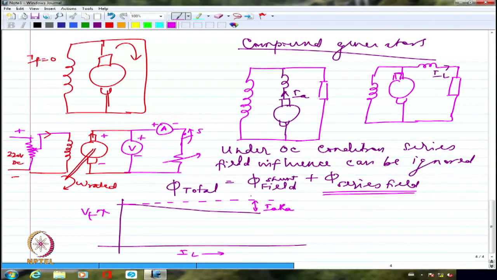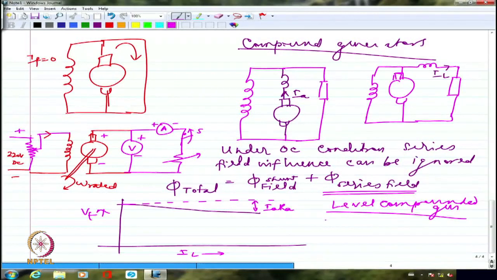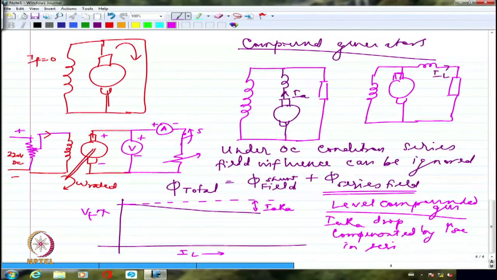That kind of generator is known as a level compounded generator. So I will have a level compounded generator if whatever is the IaRa drop is compensated by the increase in the series field.